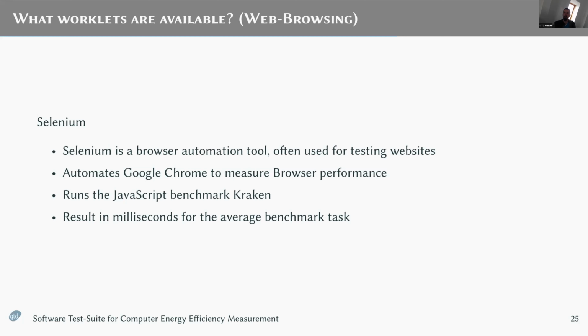We use it to automate Google Chrome, run the test within Google Chrome, and also extract the result from Google Chrome. We are running the JavaScript Kraken benchmark here. There are also other benchmarks supported by this worklet, but we settled for the Kraken benchmark. And it reports the result in milliseconds for an average task executed.